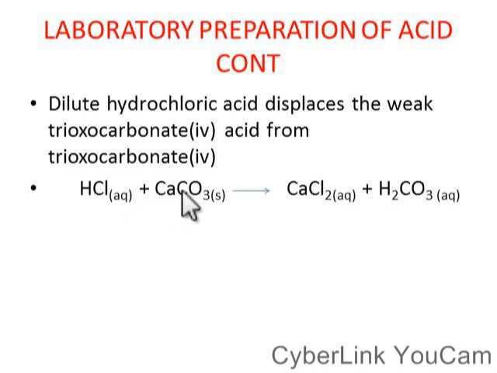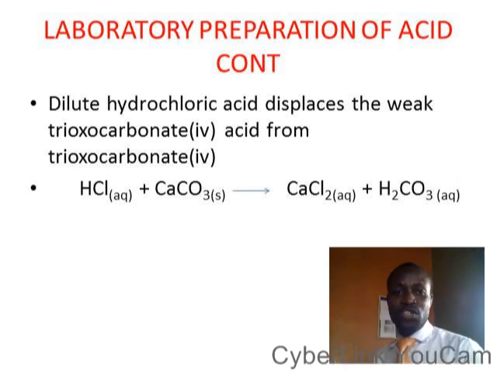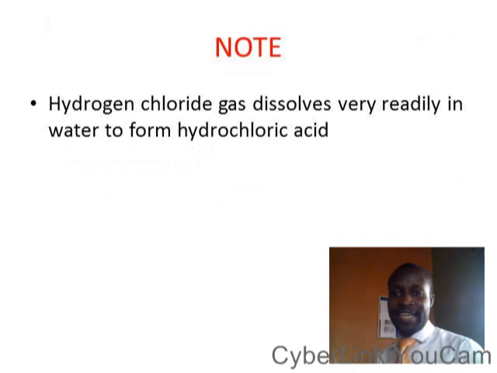This is regarded as the radical. So when this hydrogen combines with this radical, it gives H2CO3. And this chlorine combines with this calcium to give calcium chloride. Please take note of that. Let us move on to the next slide.